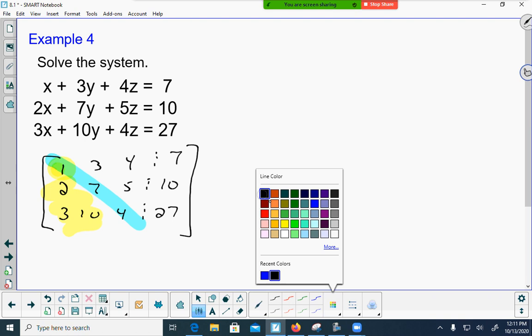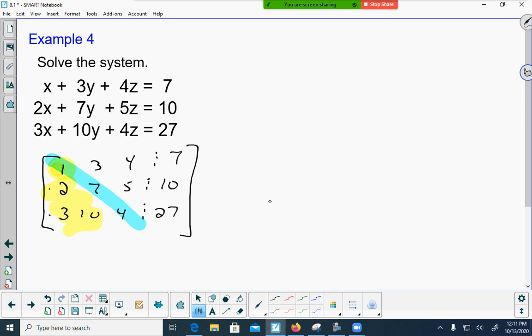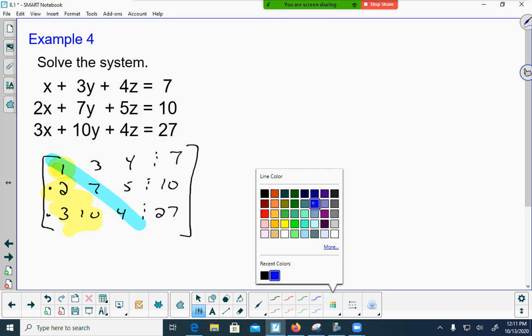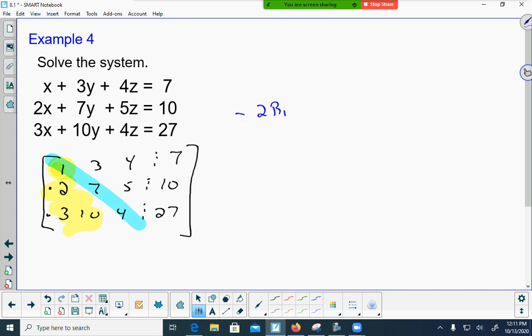So now I want to make this and this a 0. I have to do this one first and then this one second. I'm going to do some type of multiplying and adding so that when I add two matrices together, this 2 is eliminated and becomes a 0. So I'm going to take -2 times row 1 and add it to row 2.